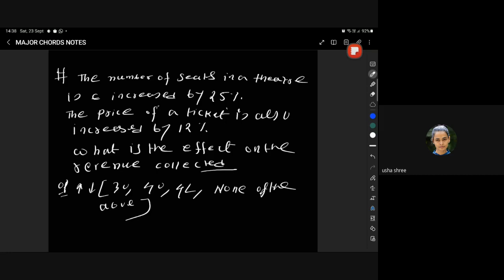How to solve? This question is not complete, I feel. See, the number of seats in the theater is increased by 25%. The price of one ticket is increased by 12%. What is the effect on the revenue collected?